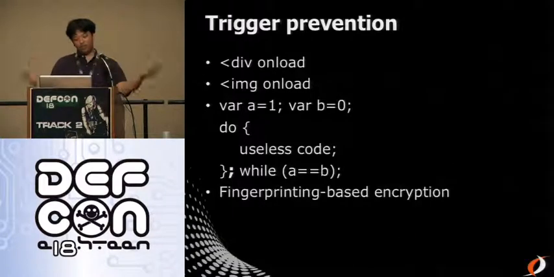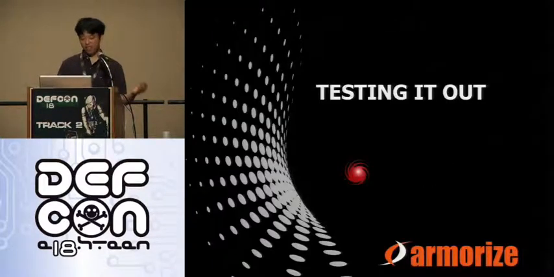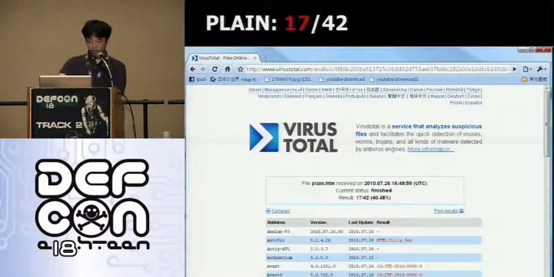Okay, so we implemented some of these, and then we tested it out. We implemented these in Drivesploit, and then we generated the XML files, and then we uploaded them to VirusTotal, and we used IE peers as the JavaScript exploit.